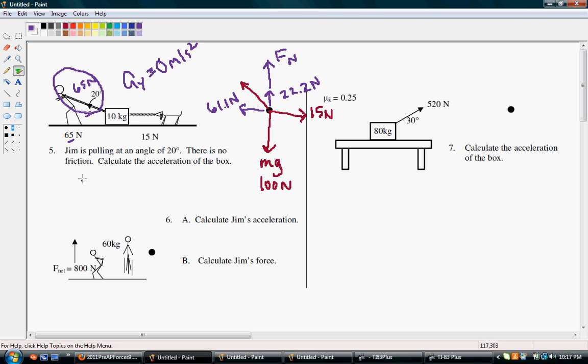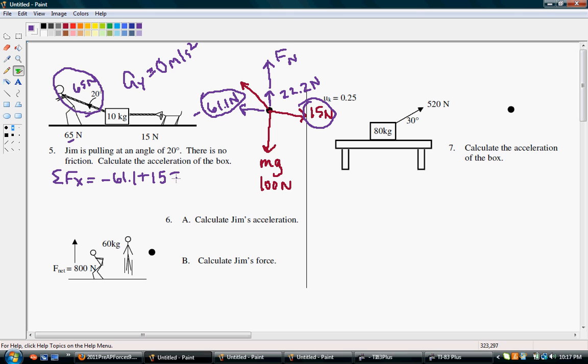meters per second squared. In the x direction, though, we have 2 different forces. We have this 61.1, which is to the left, so it's actually negative, and then we have 15 newtons to the right. So the sum of our forces in the x direction is going to equal negative 61.1 plus the 15 newtons to the right.